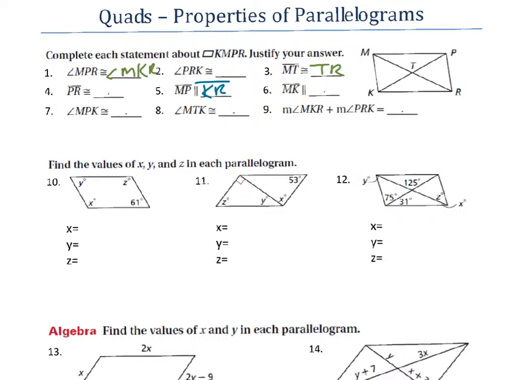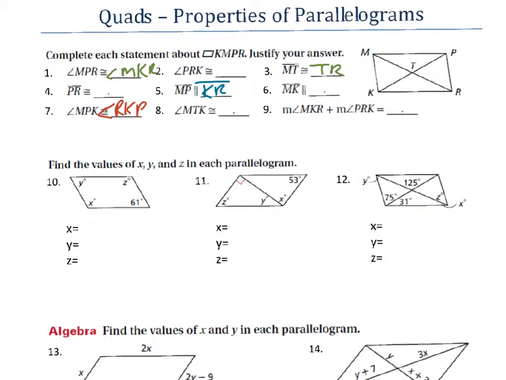Okay, then we have number 7. We have angle MPK. And if you'll remember that Z shape from the alternate interior angles. So if it's MPK, then the alternate interior to that would be angle RKP.